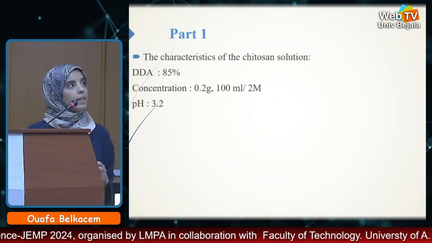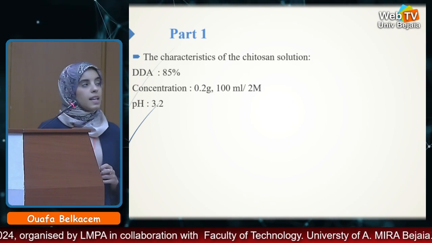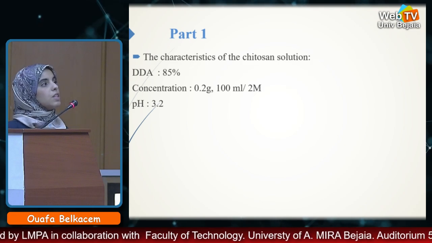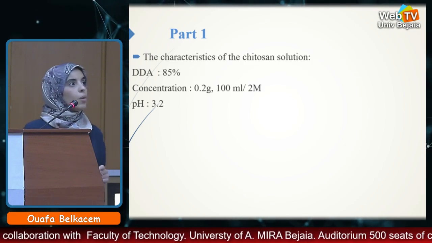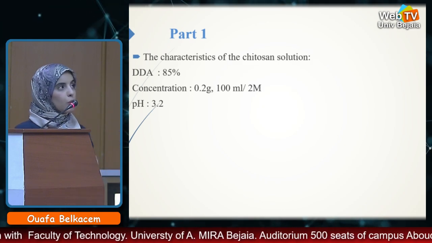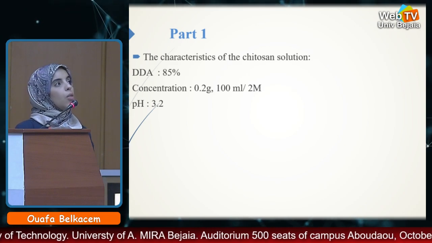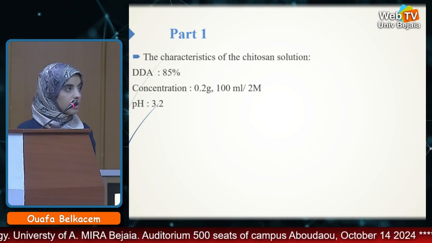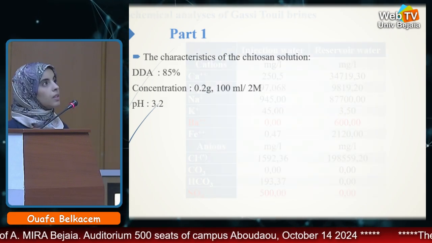Part 1: we used chitosan with a degree of deacetylation of 85%. We dissolved chitosan in 100 milliliters of acetic acid. The pH was 3.2. The chitosan used in this study was extracted in the CRD laboratory.